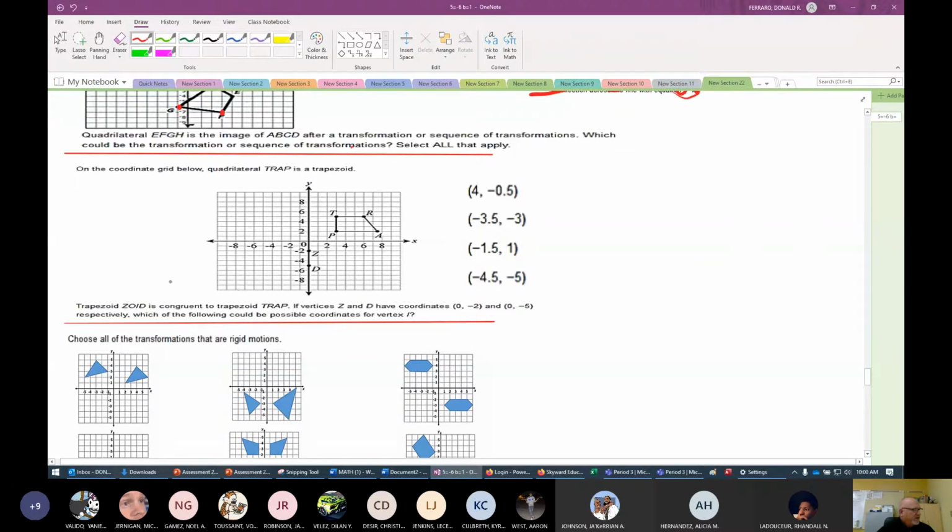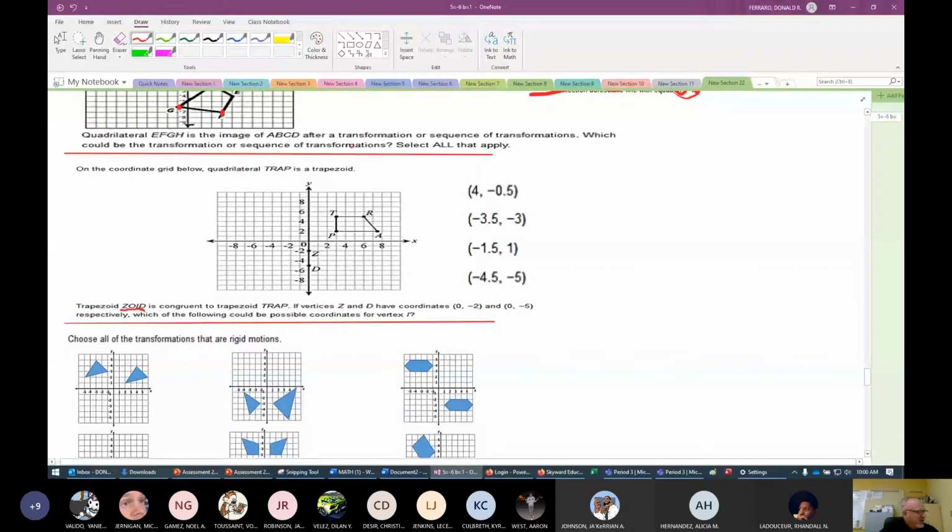The vertices are Z, O, I, and D. That's important. The vertices Z and D have the coordinates 0, comma, -2, and 0, comma, -5.